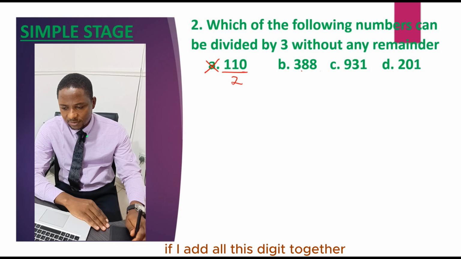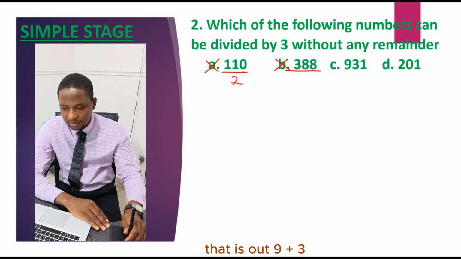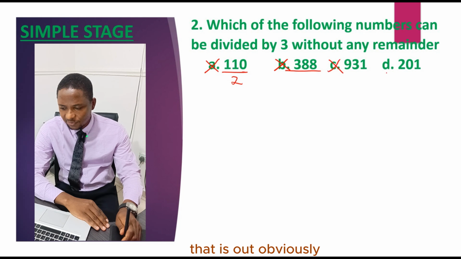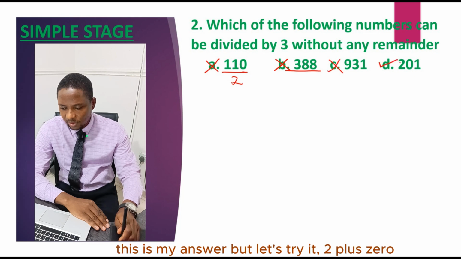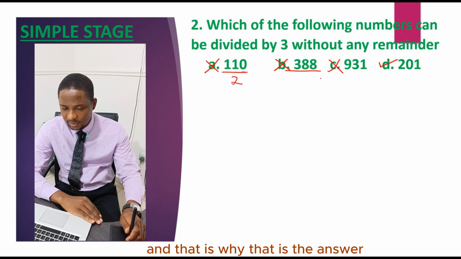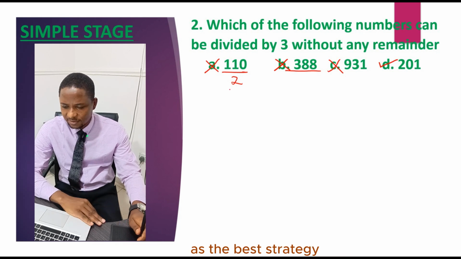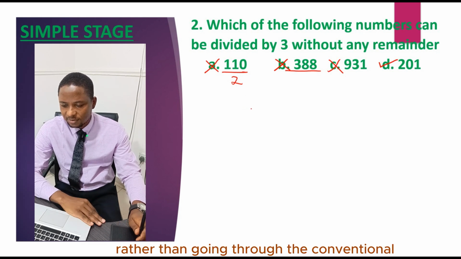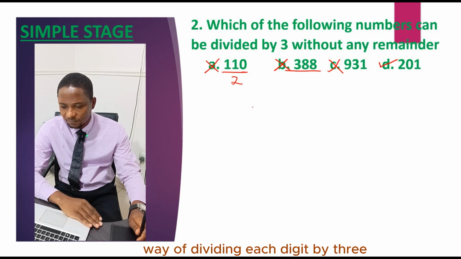If I add all these digits together, 8 plus 8, 16, 17, 18, 19, not a multiple of 3, that is out. 9 plus 3, that is 12, plus 1, 13, that is out. But let's try 2 plus 0 plus 1, that will give me 3. So this is a multiple of 3, and that is why that is the answer. That's the best strategy rather than going through the conventional way of dividing each number by 3.